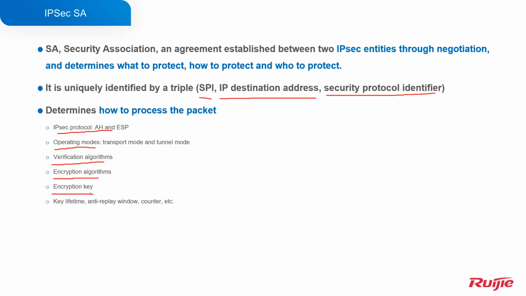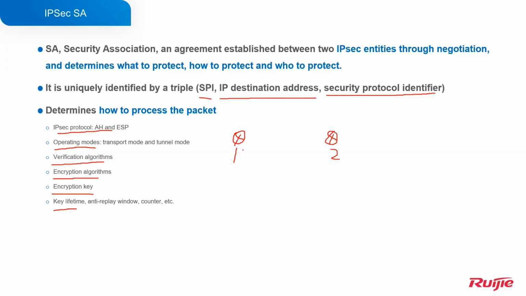If you want to use IKE to dynamically negotiate the key, this key also has a lifetime. Maybe when the lifetime expires, we will negotiate a new key to better protect our message. And also some anti-replay window counter, something like this. So the process is, first, if you have two routers, router 1 and also router 2.